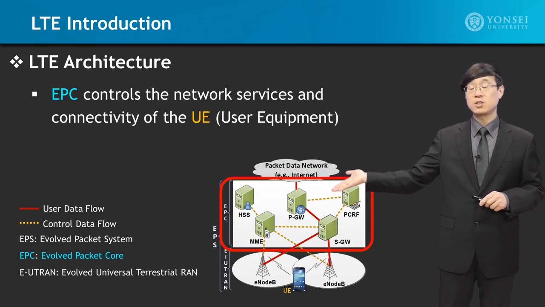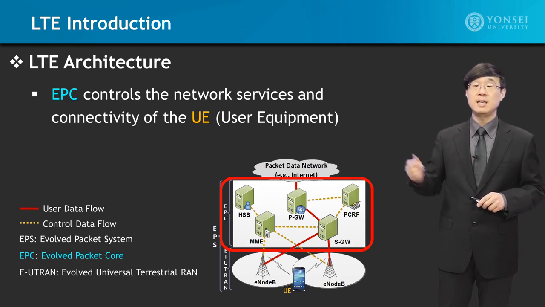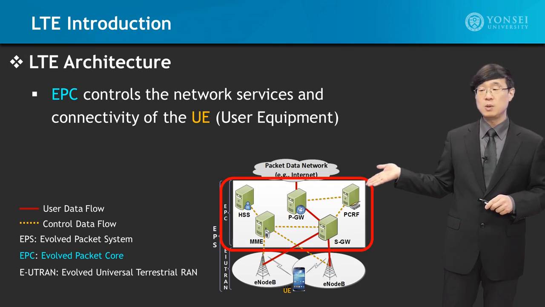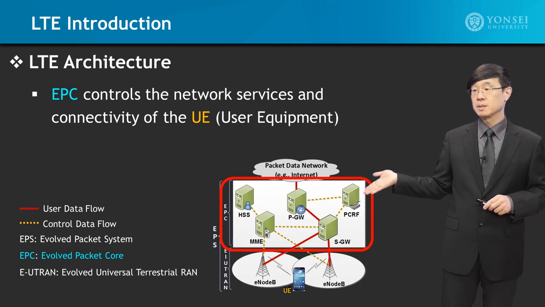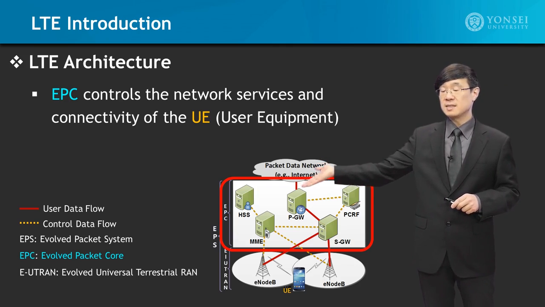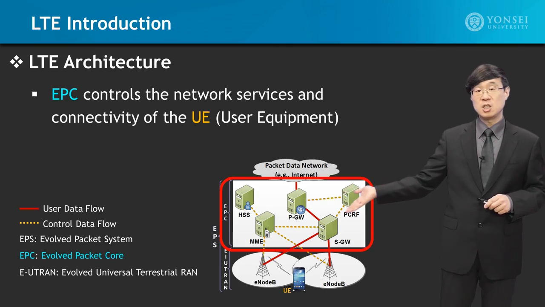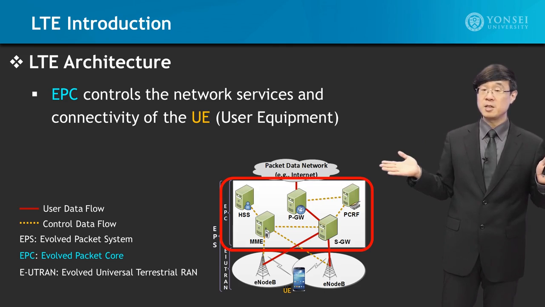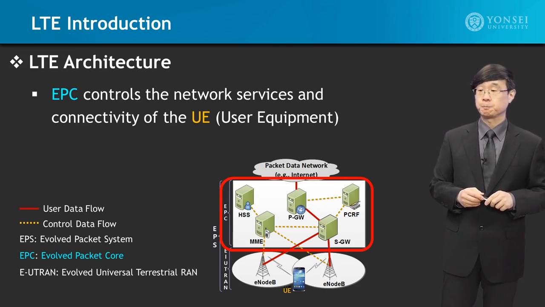And the network connections are supported by the EPC. They are the main units. And you can see these unique blocks that have names, which you can see PGW, HSS, MME, SGW, and also PCRF. We will definitely go into the details of these units.